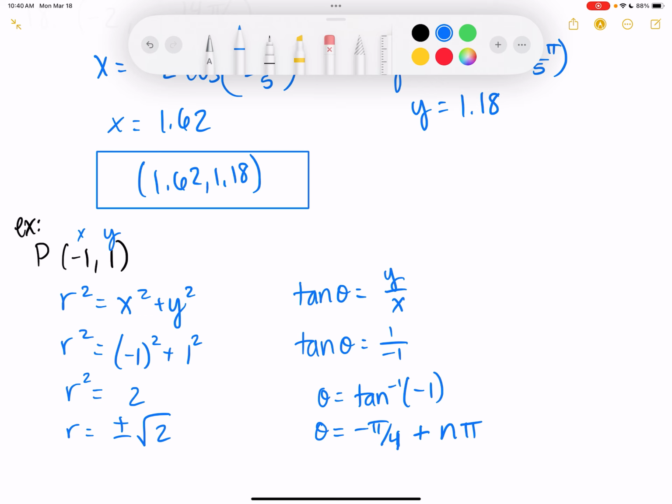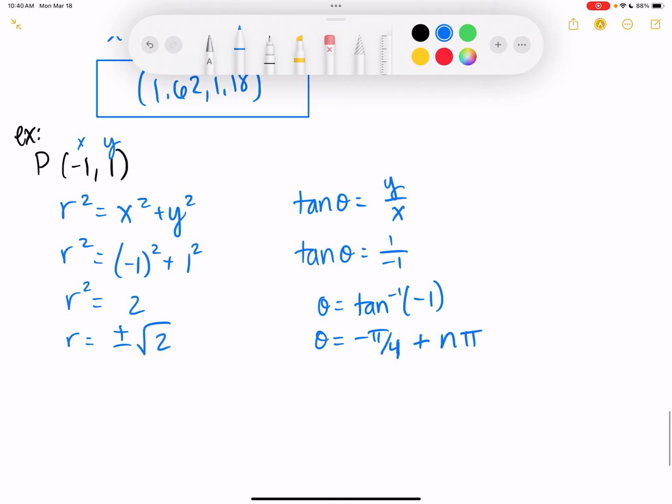So basically that's why I said negative pi over 4 is like 0 plus 0 pi. Then the next one, if I add 1 pi, would be 3 pi over 4. And I could keep going, so on and so forth, but I only need 2 of them.